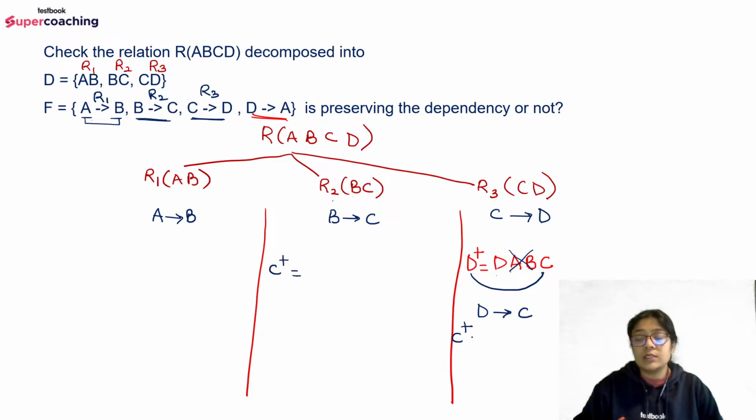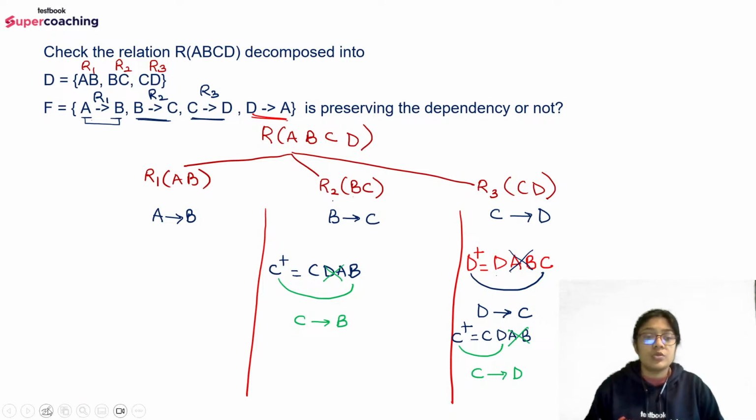C closure is C, D, A, B. जो attributes उस particular subrelation का part है, just keep them and discard others. So these two attributes are discarded. Here, these two attributes are discarded. एक non-trivial functional dependency और आ रही है, that is C determines D. Here we are getting C determines B.